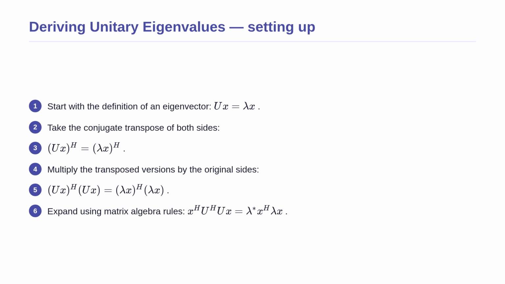Then we multiply these transposed versions by their original untransposed sides. This specific operation is how we measure squared length in complex mathematics. Finally, we expand the equation. On the left, we group U^H and U together. On the right, the conjugate transpose of the complex number lambda becomes lambda star.